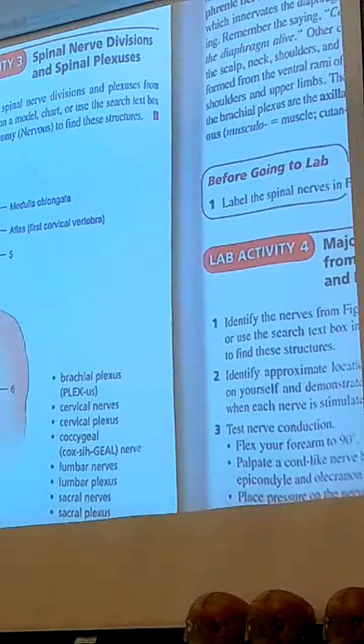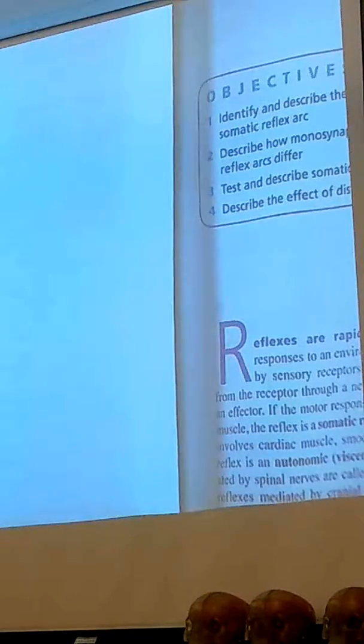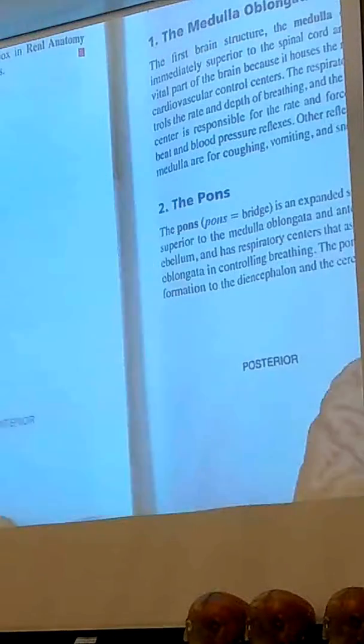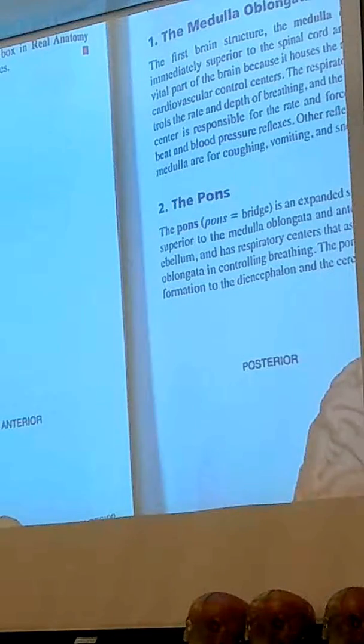Coming to the brain, which is exercise number 20, the structure of the brain. I'm not saying no picture will be there, but for the majority the models will be there, the brain model.